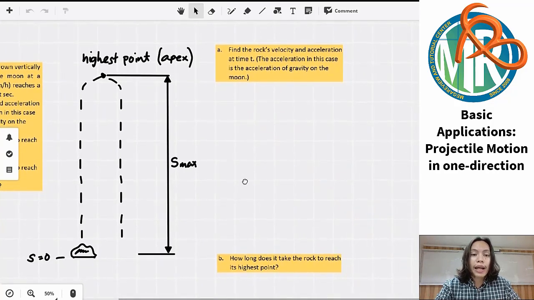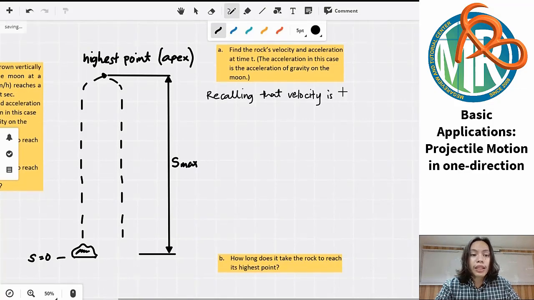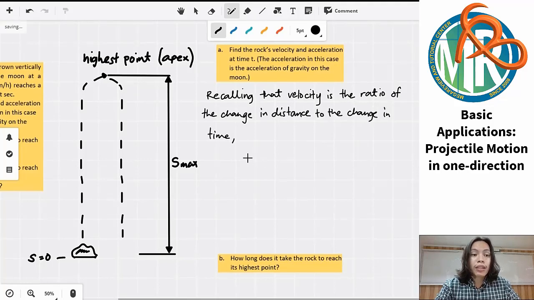For A, we are asked to define the velocity function and the acceleration function in terms of time t. Recalling that velocity is the ratio of the change in distance to the change in time, we have v equals the limit as delta t approaches 0 of delta s over delta t.